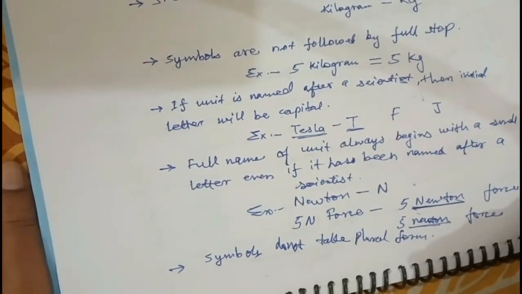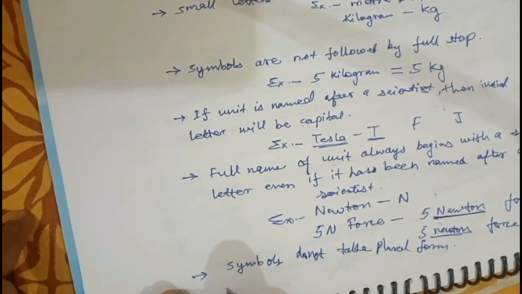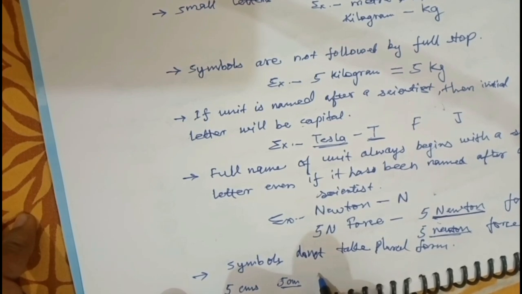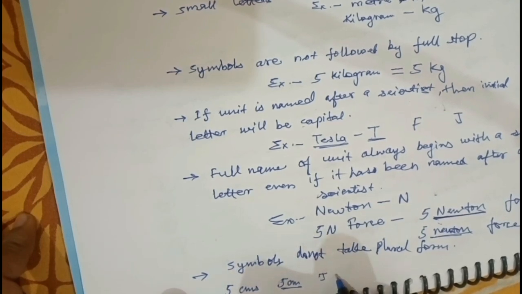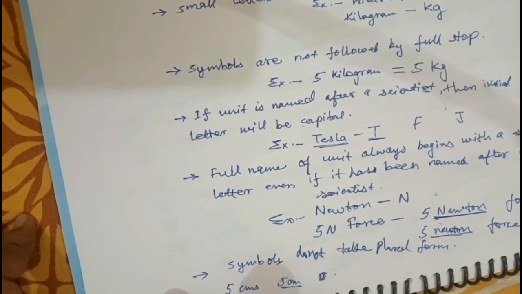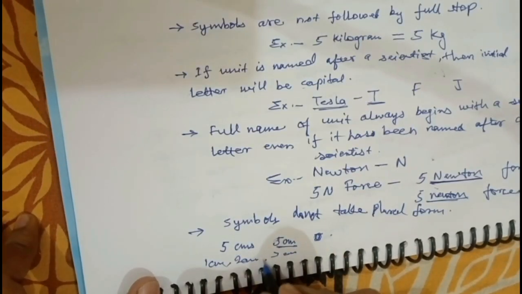They cannot take plural form, that is, we cannot write 5 cms. We can write only 5 cm. We can write 1 centimeter, 2 centimeter, 3 centimeter, not centimeters. We will not write any s.